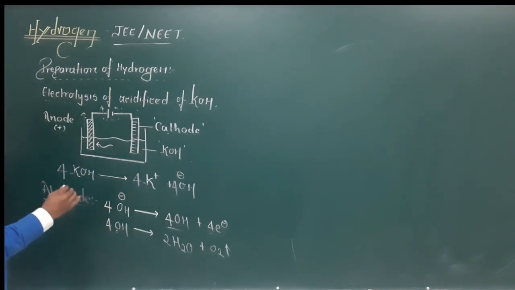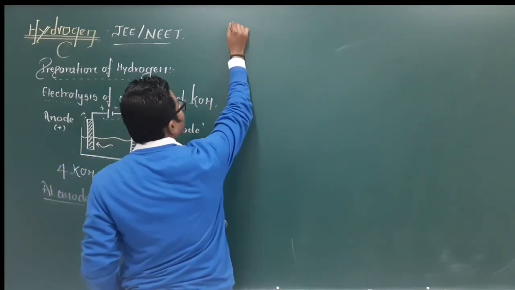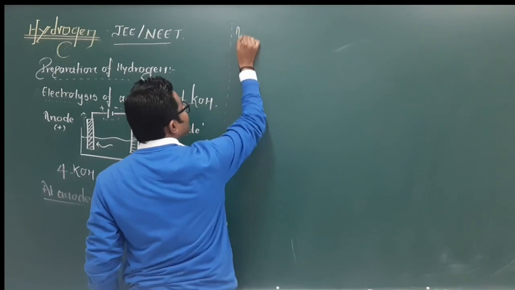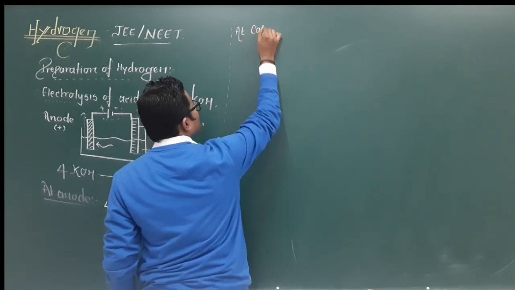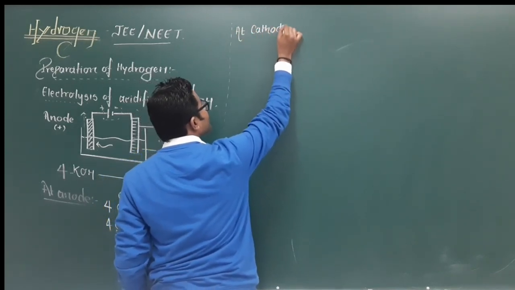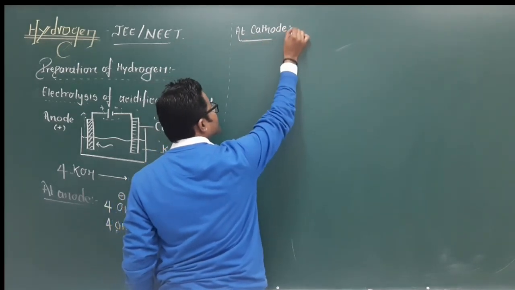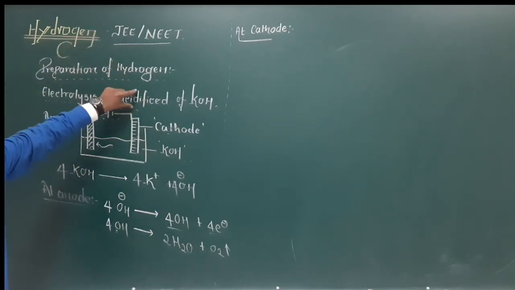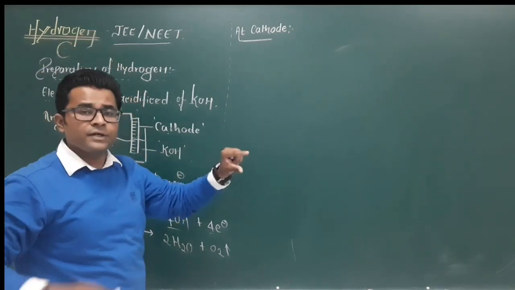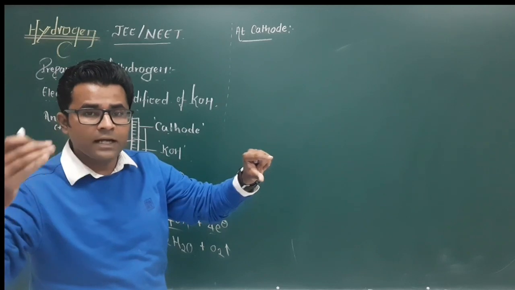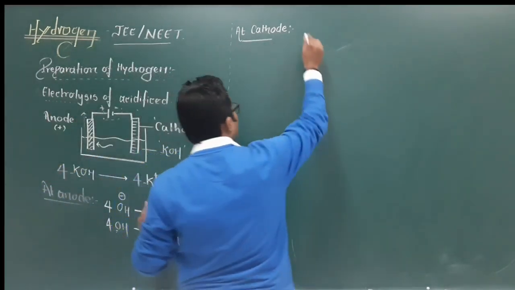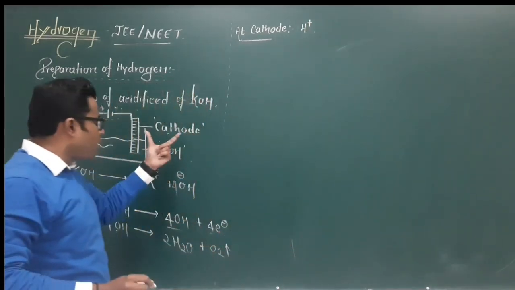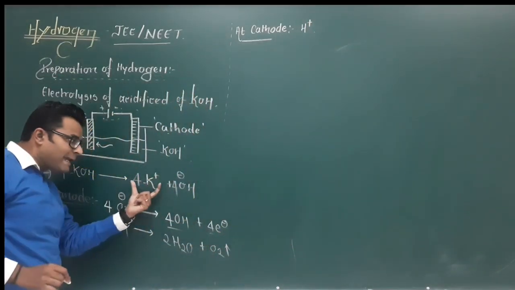Now, what remains is the second part, and that is very important: the reaction at the cathode. Because the solution is acidified, we have a lot of H plus ions. This H plus ion comes into consideration when we speak about the cathode, not the K plus ions.